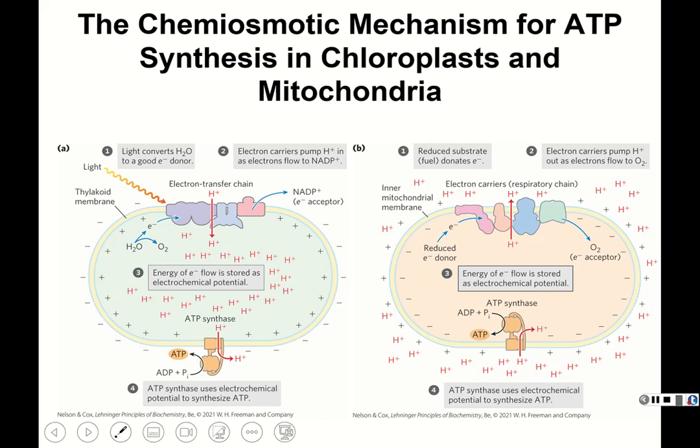Ultimately, your electrons now go to NADP+ to make NADPH. You're pumping protons inside of this membrane now, instead of outside like in the mitochondria. So your proton gradient is going to be from the inside. You're going to use that proton gradient again to produce ATP. But now you're producing it outside of this little structure.